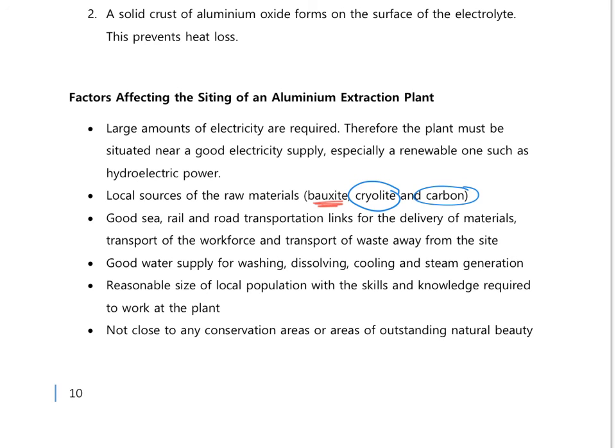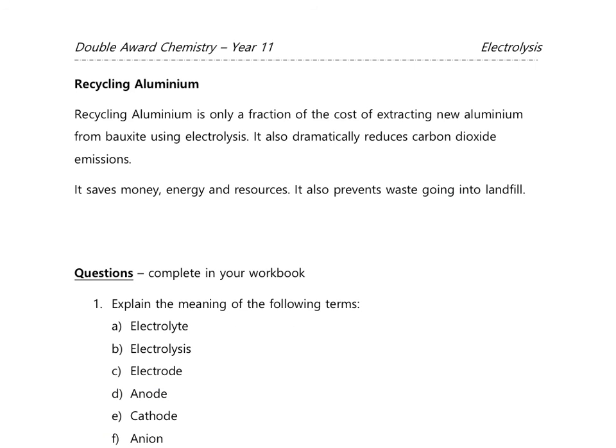So again, learn a couple of those for going into your exam. And the very final part of this topic, you'll be glad to hear, is just looking at the idea of recycling aluminium. So this whole process of extracting aluminium is important because we need a good supply of aluminium. But something that we can do that is far better, far cheaper, is actually to recycle aluminium.